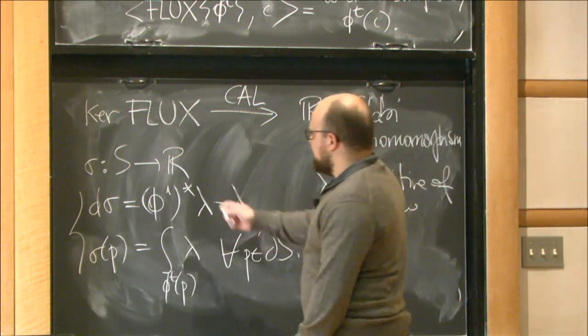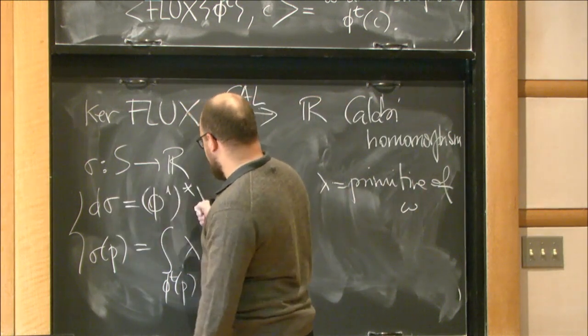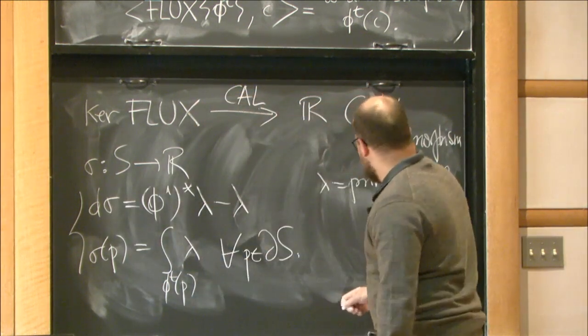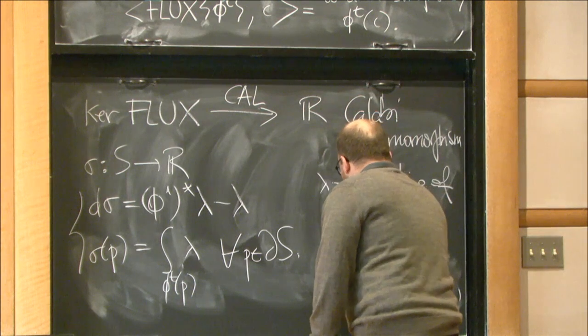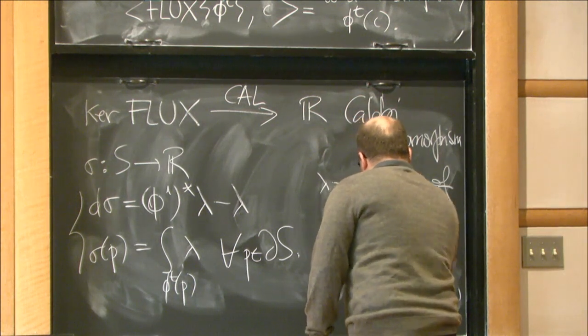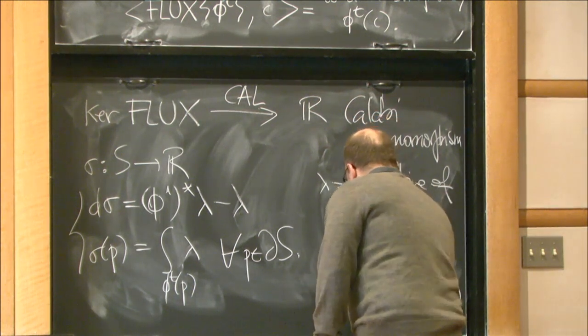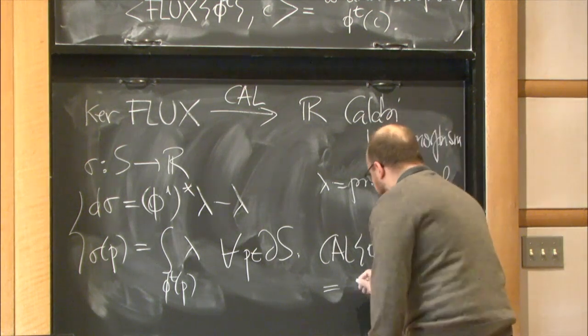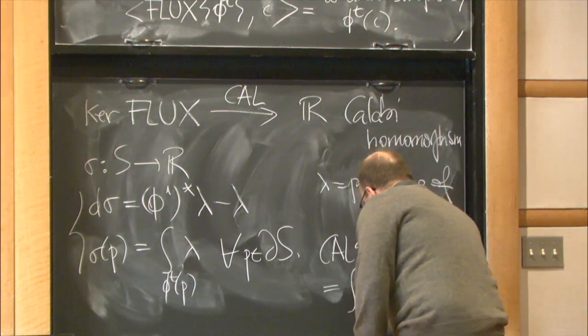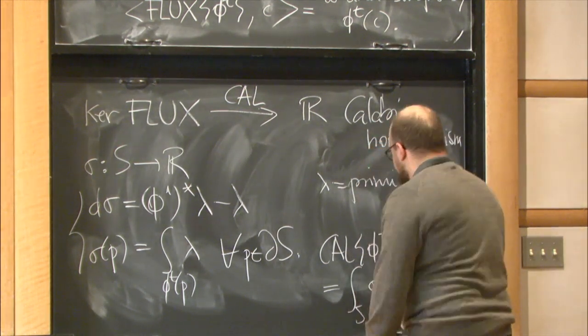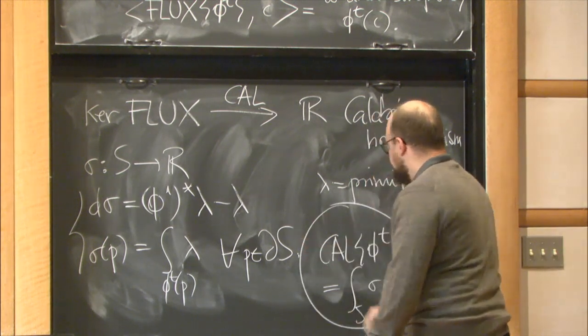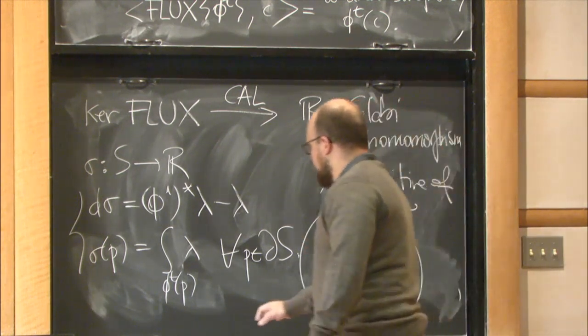That's called the action induced by the isotopy and the primitive, and the Calabi invariant is the average action, or let's say I don't take the average, just integrate the action.